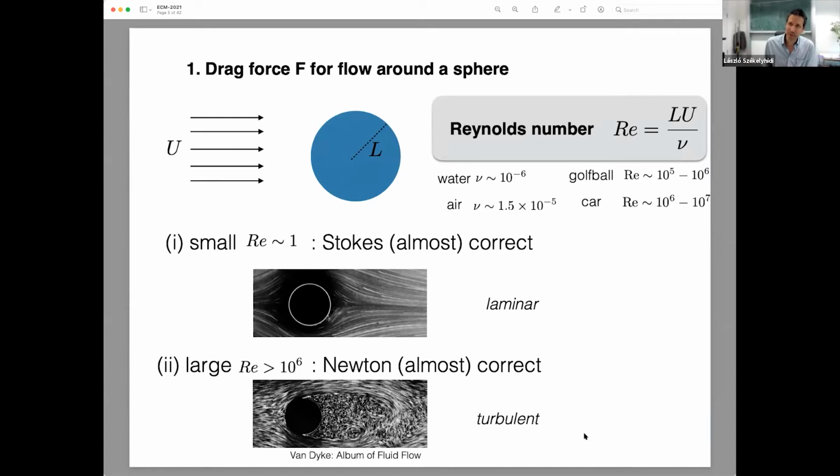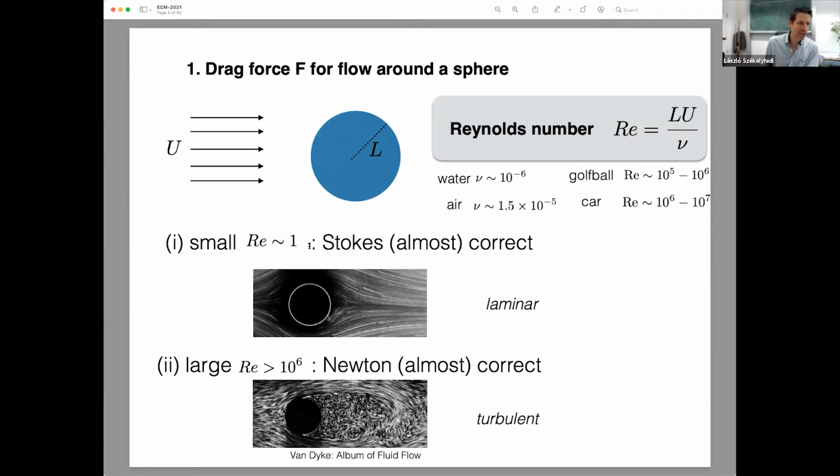If you introduce the Reynolds number, which is the ratio L times U divided by nu, it's a dimensionless quantity, which essentially refers to how turbulent the flow is. Typically, one expects, here I've written water and air, say a golf ball flying through water, or a car flying through air at normal speeds, quite high Reynolds numbers.